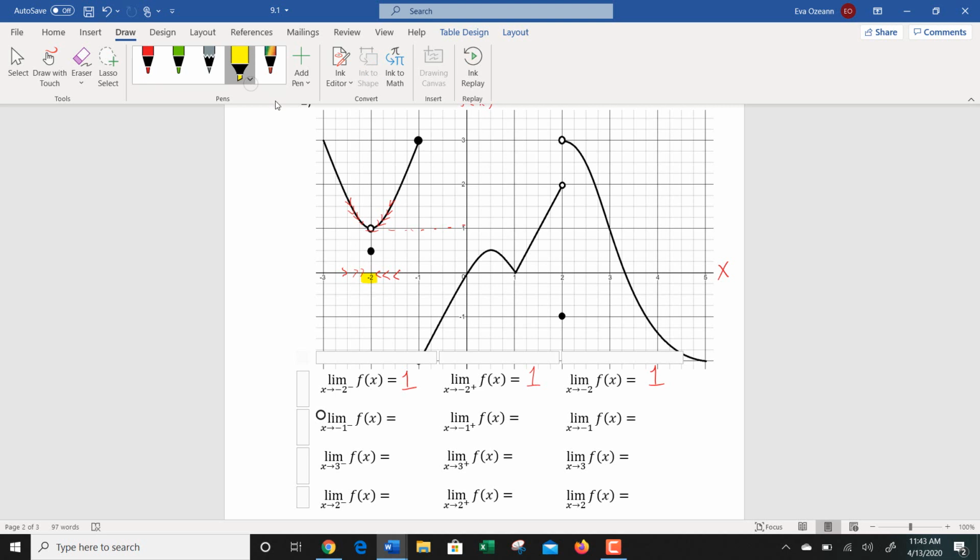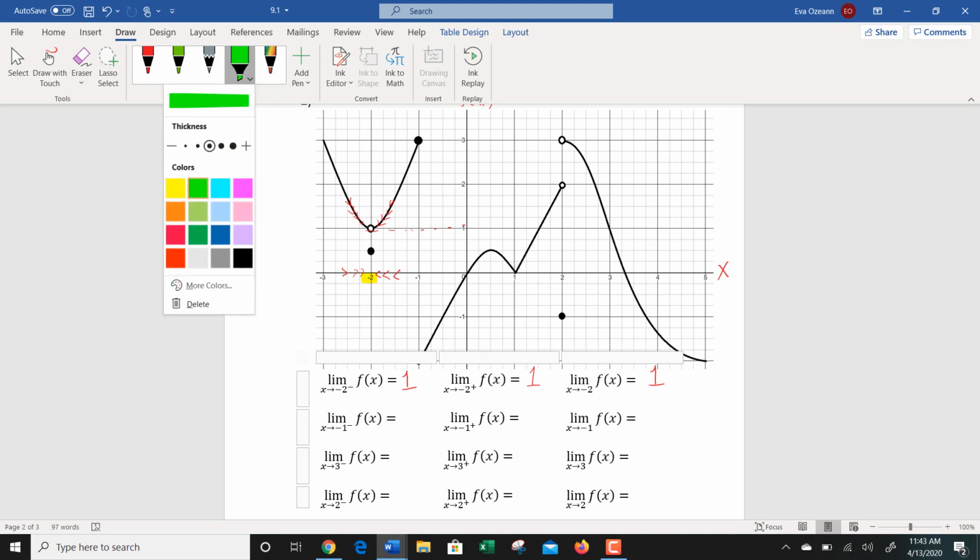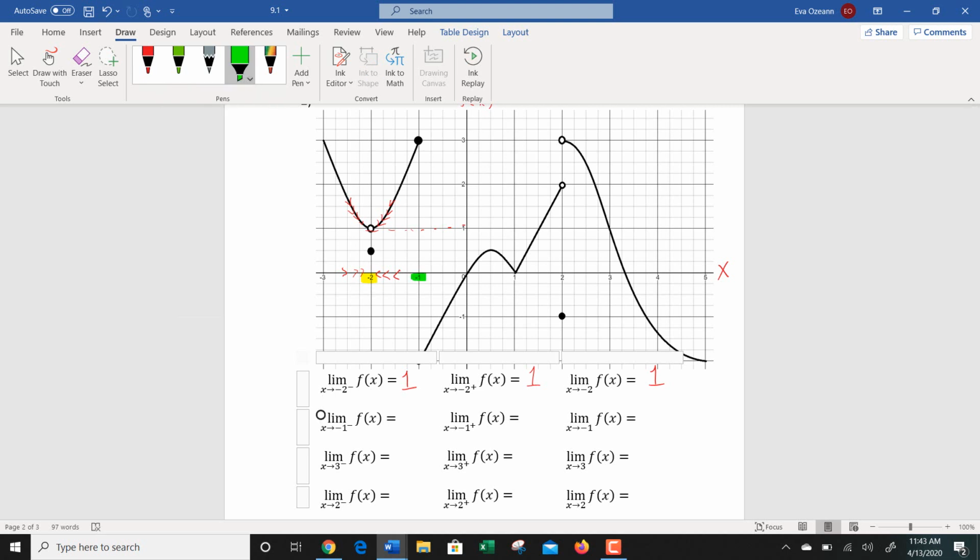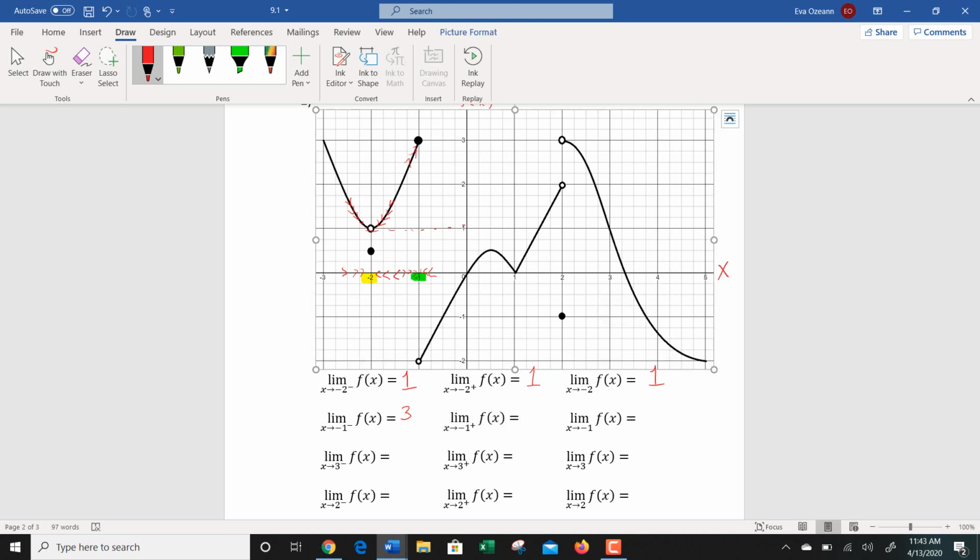All right, let's look at as x approaches -1. So we're going to look at when it's approaching from the left-hand side. Okay, so as we approach from the left-hand side, it looks like my y value is getting closer to 3. As I approach from the right-hand side and get closer to -1, well, remember, we have to follow our graph.